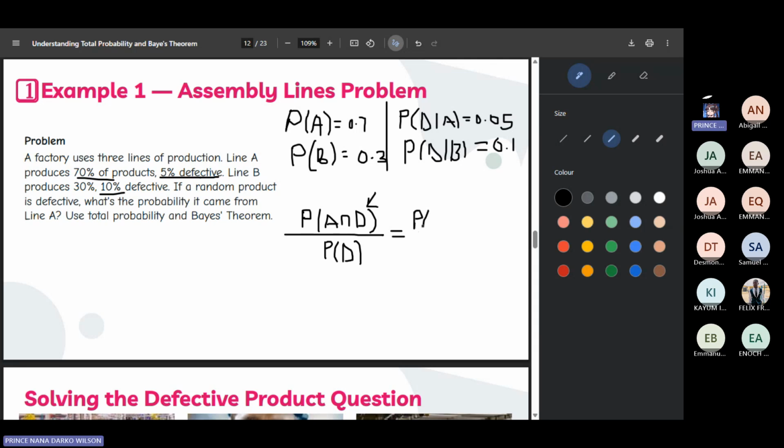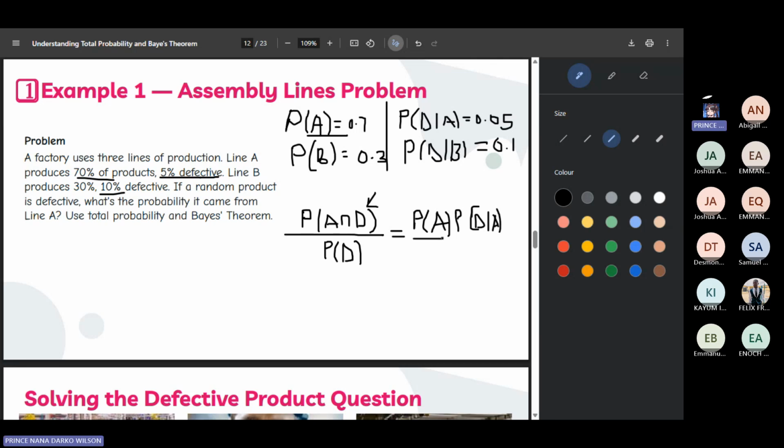We can rewrite it as the probability of picking factory A times the probability of picking a defective product coming from factory A. So D given A, like so.